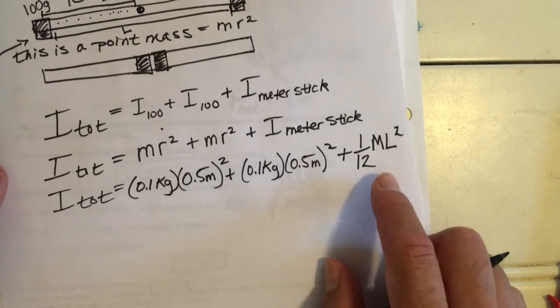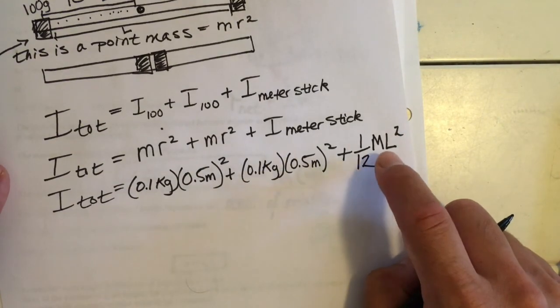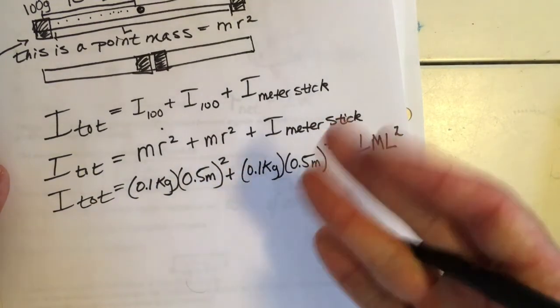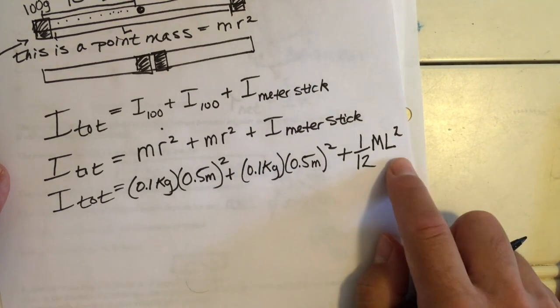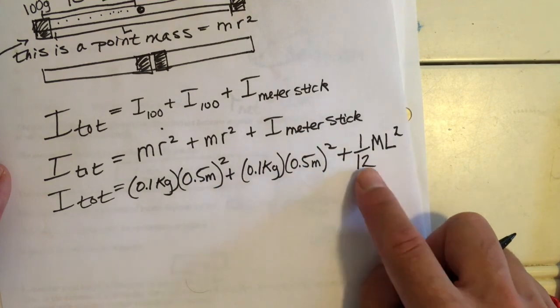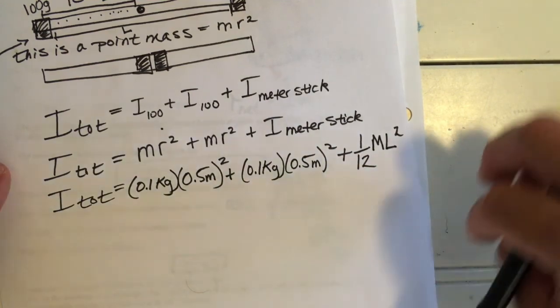So all we'd have to do is put in our 0.2 kilograms, if that's the mass of the meter stick, times the length of the object, which is 1 meter, squared, times 1/12. All right, so this is the idea.